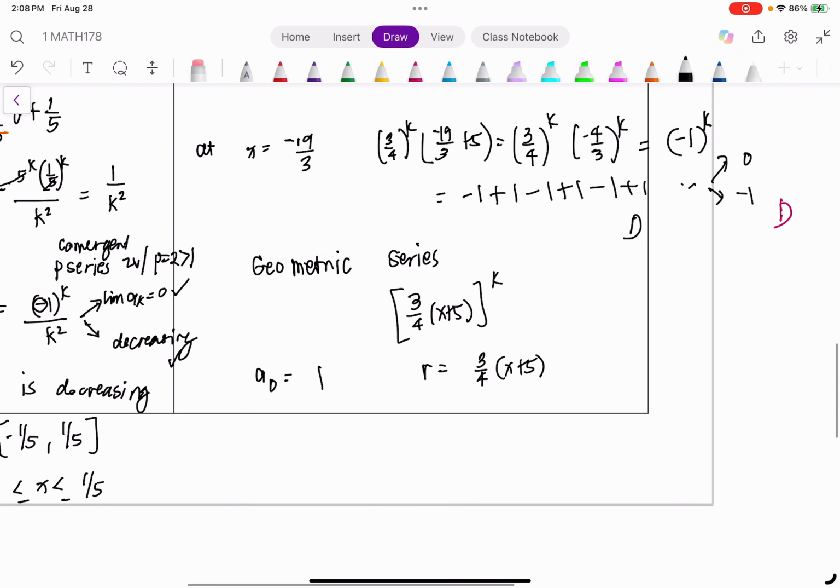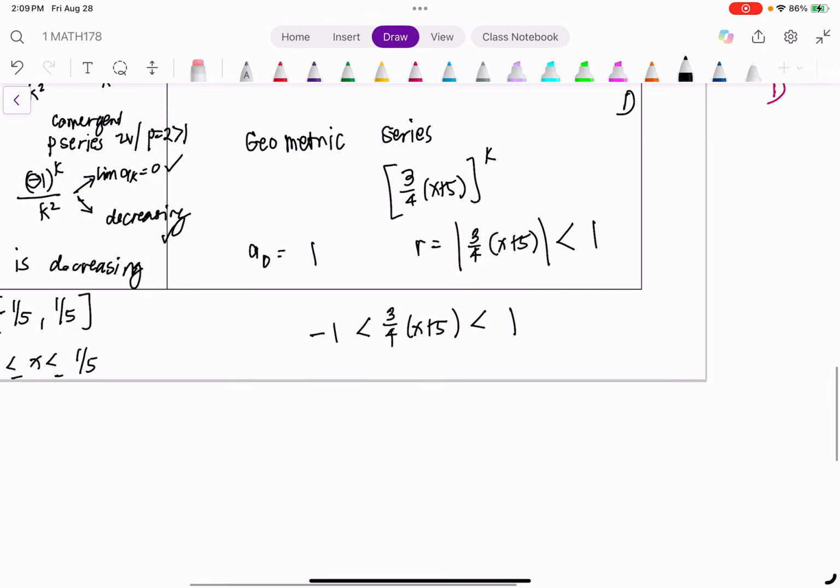In order for it to be convergent, the absolute value of the common ratio should be less than 1. So meaning it would be less than 1 and greater than negative 1. We can multiply both sides by the reciprocal. It is a positive number, so you can apply that.